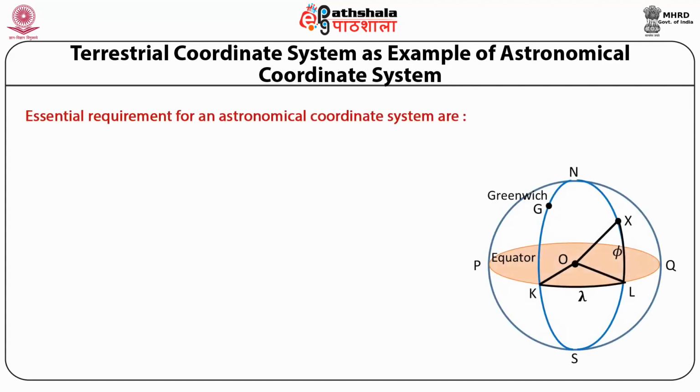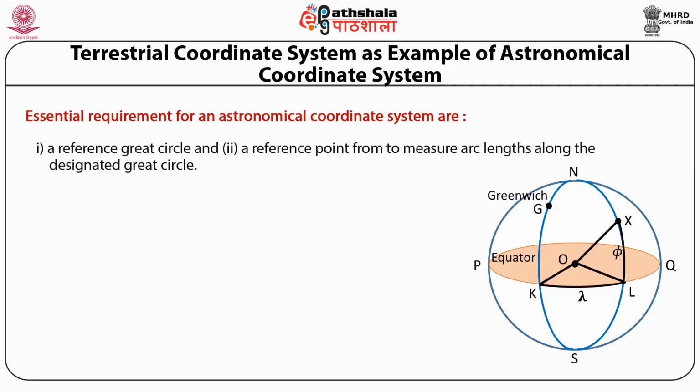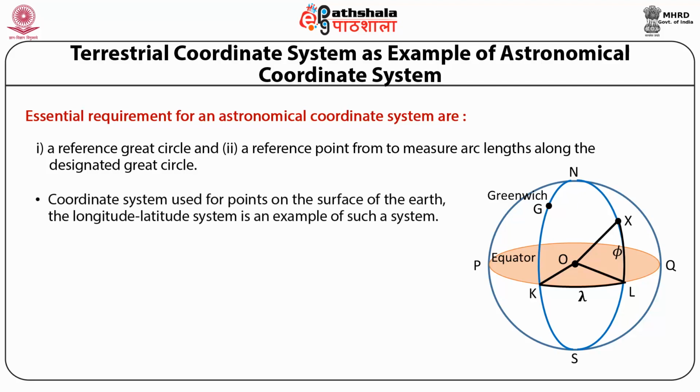There are two essential requirements for an astronomical coordinate system. The two requirements are: one, to find a reference great circle, and two, to find a reference point. So let us first start with the terrestrial coordinate system. In the terrestrial coordinate system, to locate a position on the surface of Earth, the longitude and latitude of that place is identified.